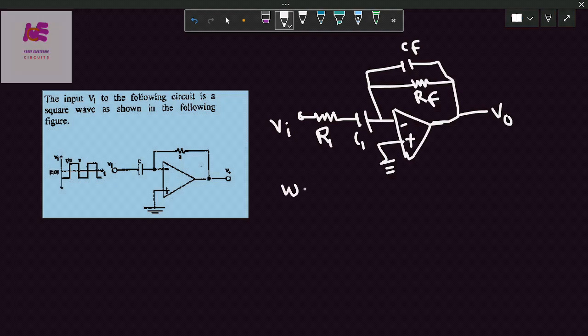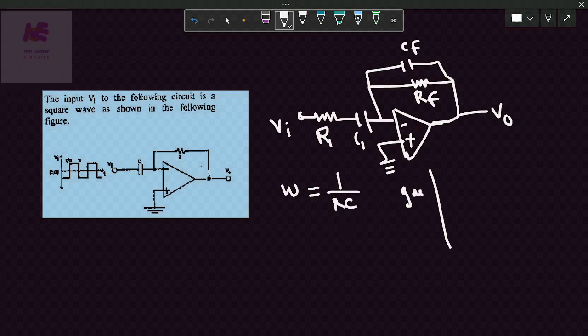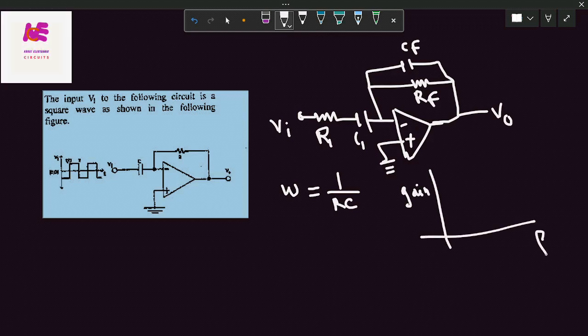The thing is that we are taking one pole in the equation, at 1 by RC. If you consider the response, say this is gain, this is frequency, this is the ideal response.